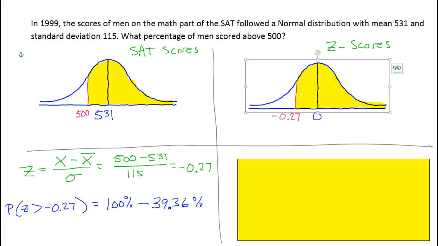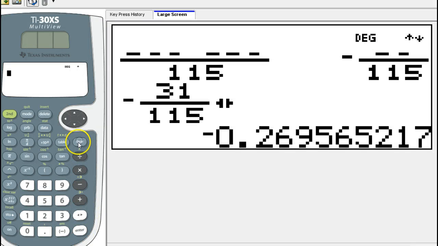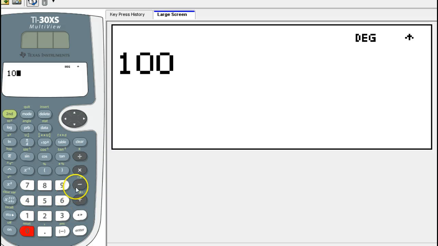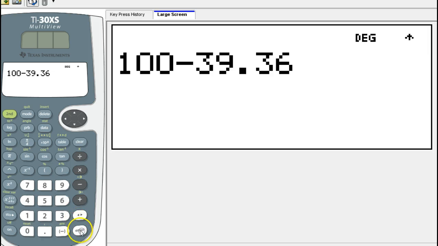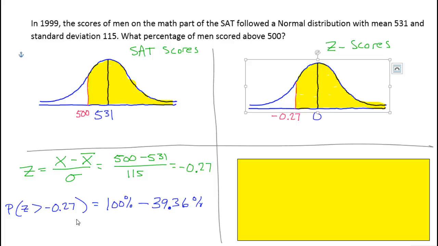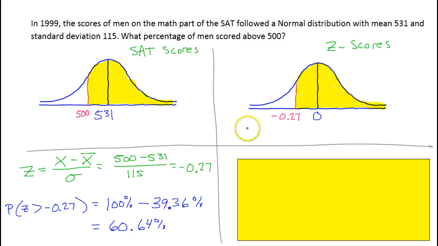So let's subtract this from 100. That gives 60.64%. Okay, so that is the percentage of z-scores that are to the right of this z-score.